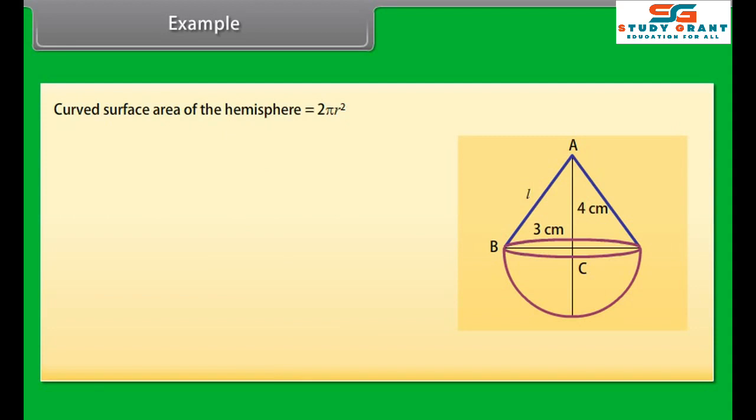Now substituting the values of pi, r and l, we get 3.14 into 3 into 5, which is equal to 47.1 centimeter square.